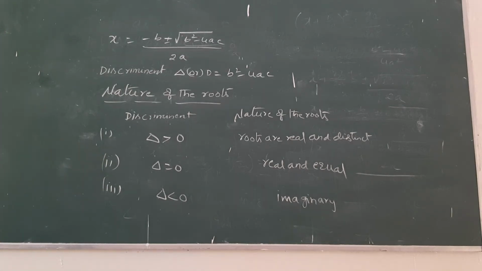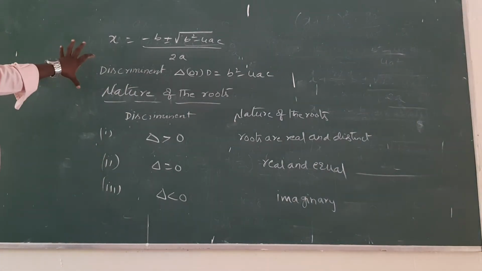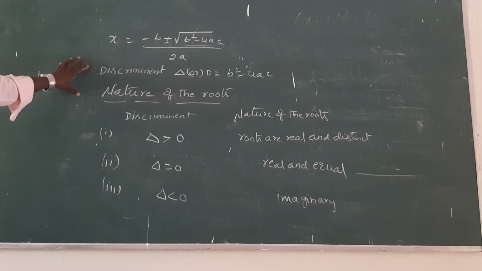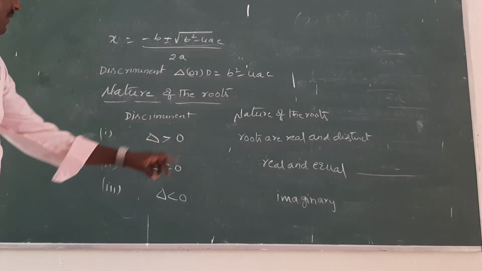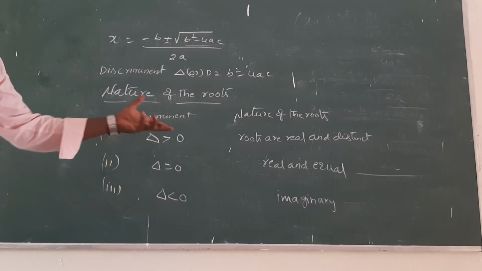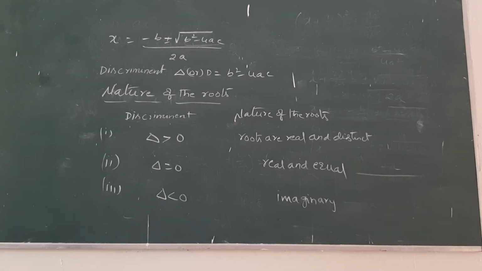Delta is greater than 0, then the roots are real and distinct. If delta is equal to 0, then the roots are real and equal. Delta is less than 0, then the roots are imaginary.